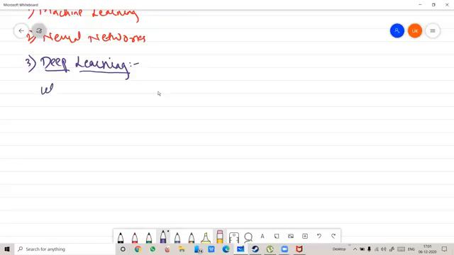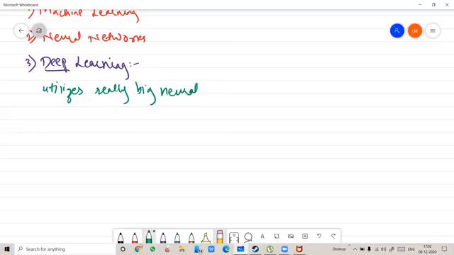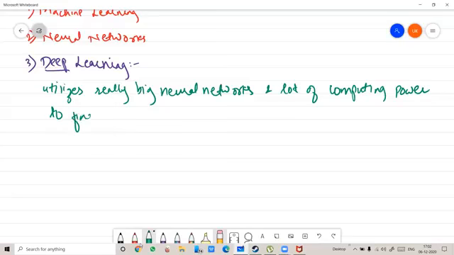It utilizes really big neural networks, and a lot of computing is involved in it to find out complex patterns, for applications such as image and speech processing or recognition.